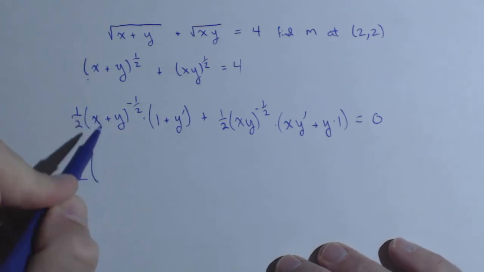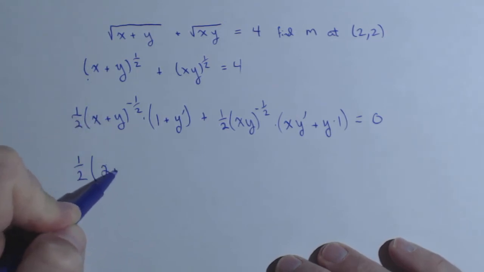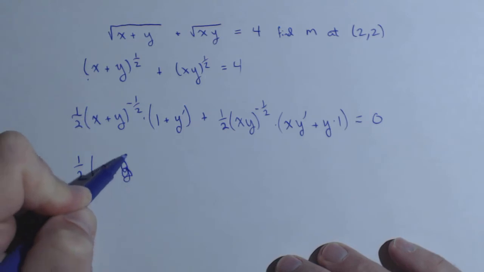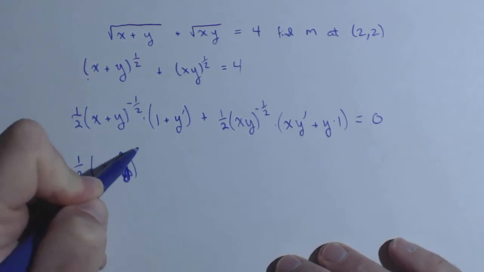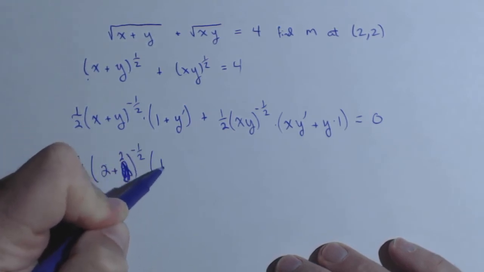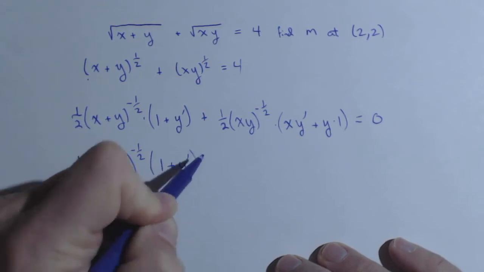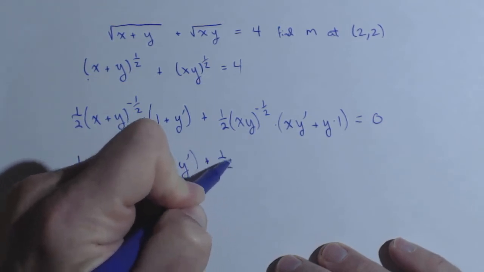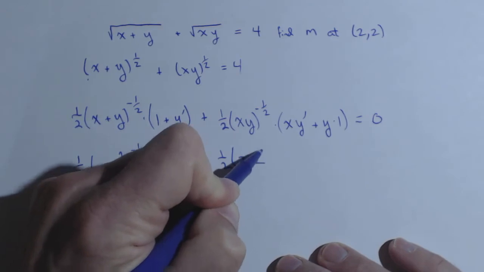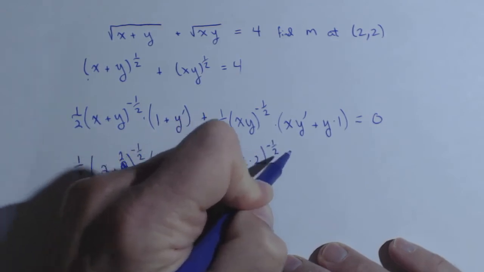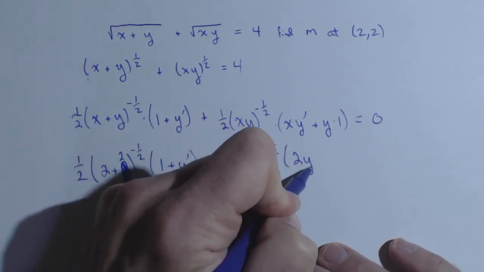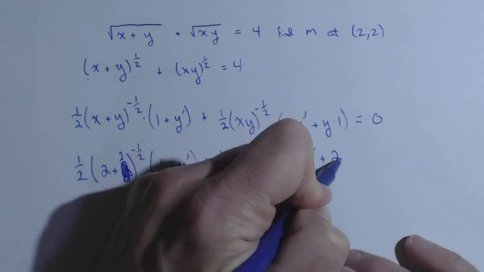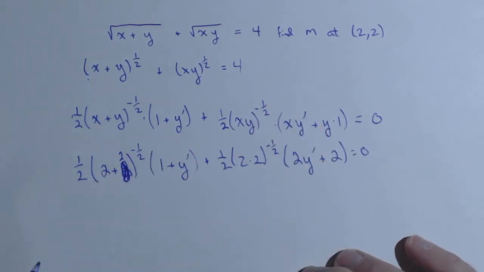So 1/2 times, I'm just going to plug in my values for x and y, (2 plus 2) to the negative 1/2, times (1 plus y prime), because that's what we're going to solve for, plus 1/2 times (2 times 2) to the negative 1/2, times (2y prime plus 2) equals 0.